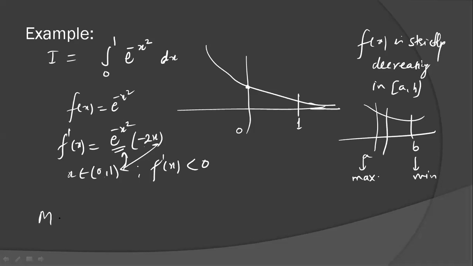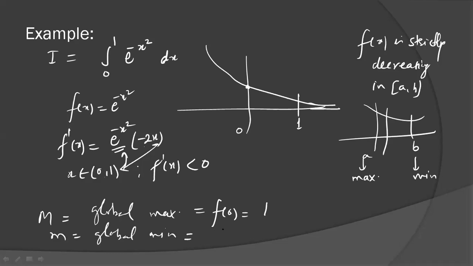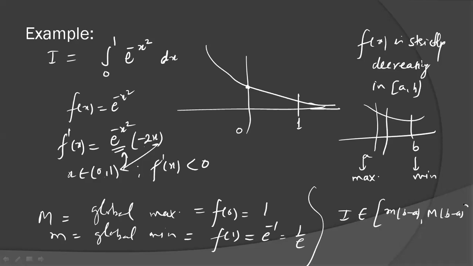So what will be the capital M here? Capital M will be the global maxima, and global maxima will be attained at x equal to 0. So at x equal to 0, the function will be 1, and small m will be the global minima that will be attained at the second boundary, f at 1. So it will be e to the power minus 1 or 1 upon e. So the integration will belong to m into b minus a to capital M into b minus a.